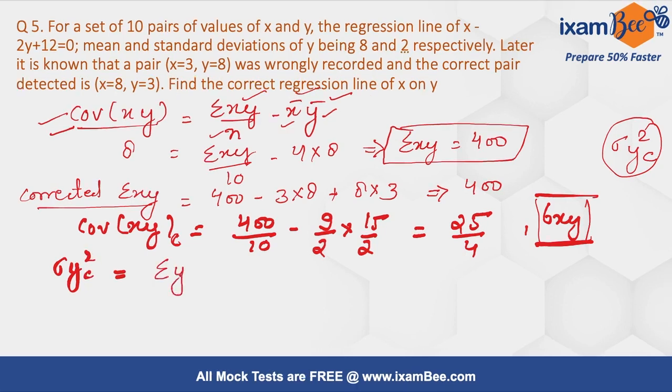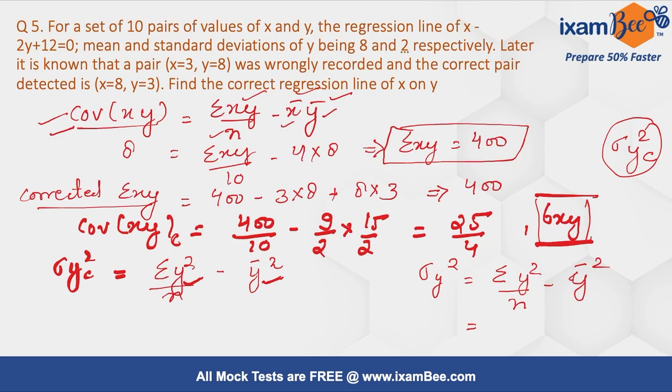Summation y square upon n minus y bar square. So here we have to find the value for old and corrected summation y square. So we can use this formula to find the old value for summation y square.